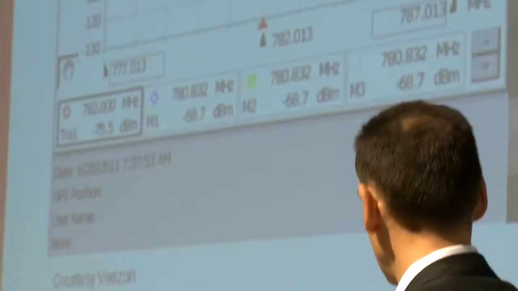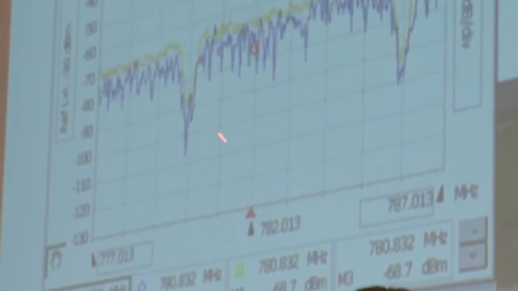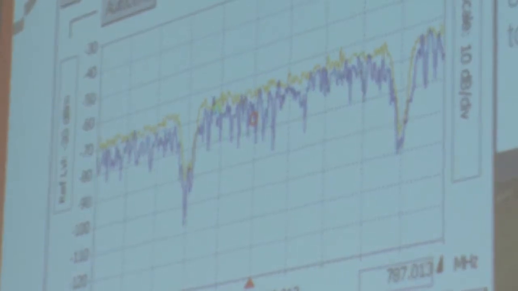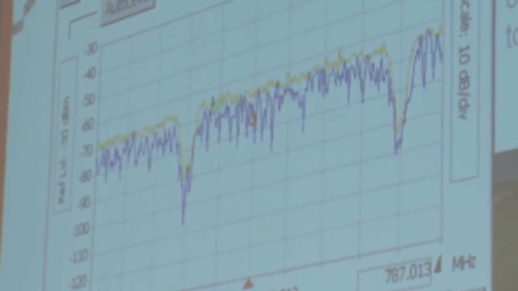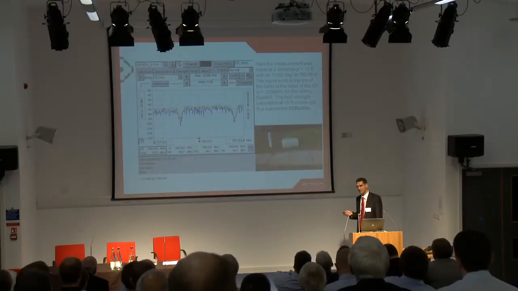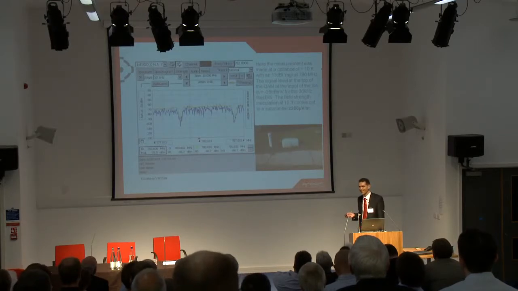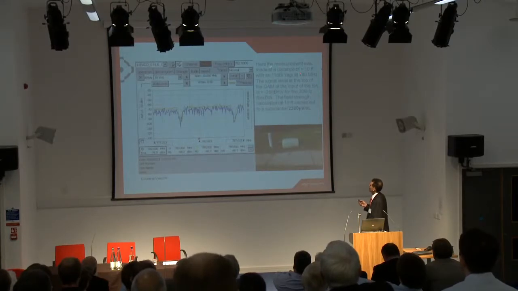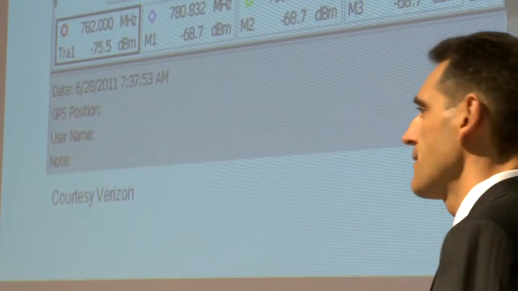For some reason, Verizon people call this Barts, from Bart Simpson hairstyle. So when we started talking with them about the signals, they said, we see these Barts. What are Barts? So they are using an 11 dB Yagi antenna at 780 megahertz here, and they look at that from a distance of 10 feet.